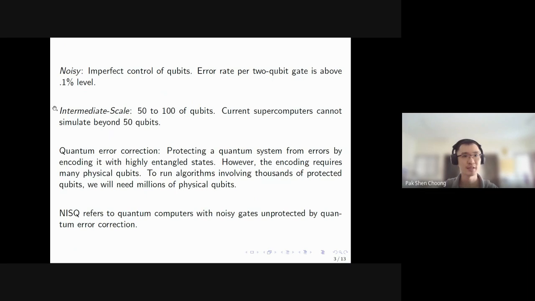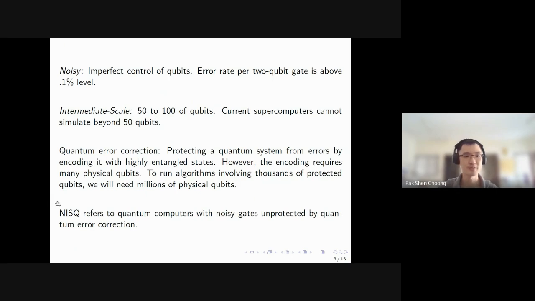Whereas the intermediate scale over here means 50 to hundreds of qubits, so it can be up to a few hundreds. But why do we need to set this scale? Because at that time, classical supercomputers could not actually simulate quantum computers when it is beyond 50 qubits.